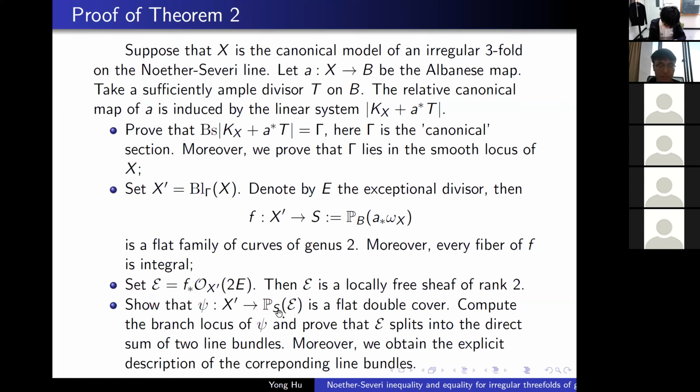Then we compute the branch locus of psi, and we prove that this locally free sheaf E splits into the direct sum of two line bundles. Moreover, we obtain the explicit description of the corresponding line bundles. Then we finish the proof.